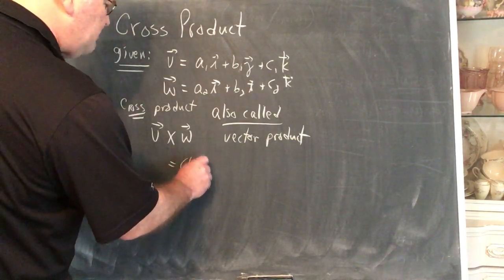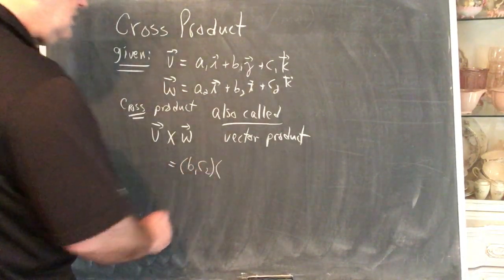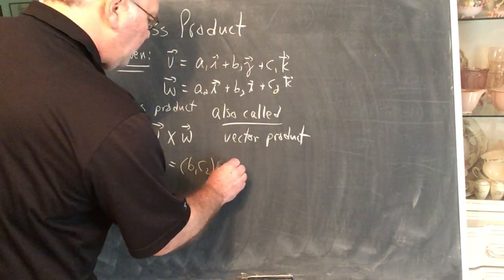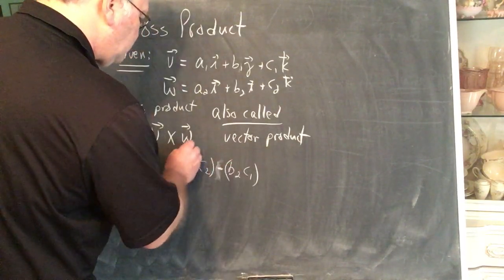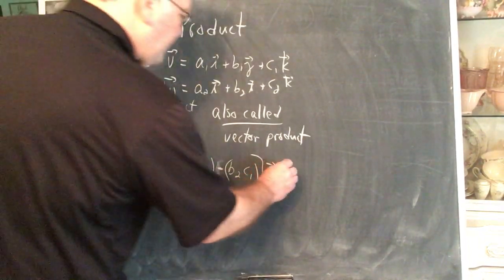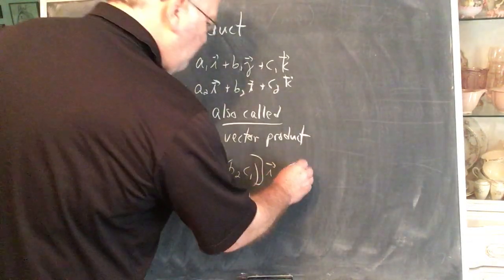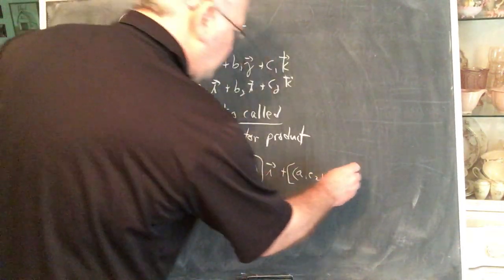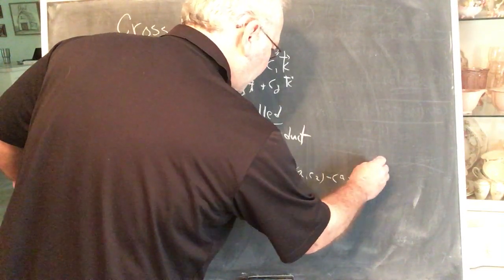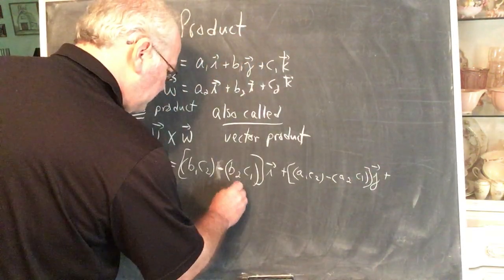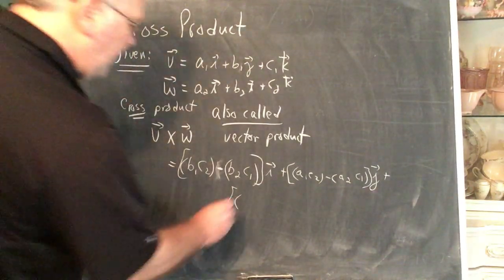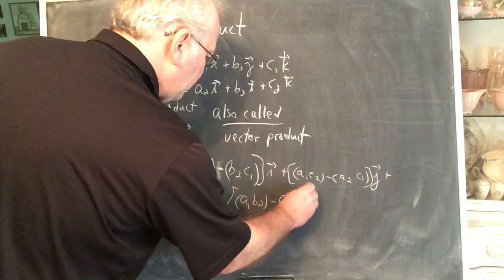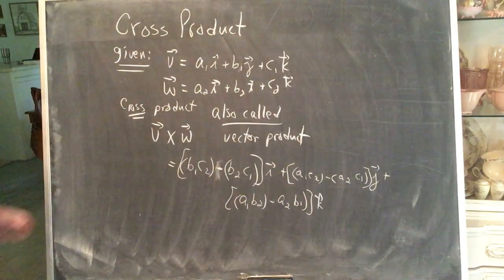You take b1 times c2 minus b2 times c1, times vector i, plus a1 c2 minus a2 c1, and that's times vector j, plus, and then times vector k, that's a1 b2 minus a2 b1, and that's the official definition.